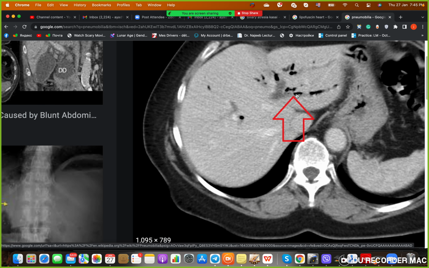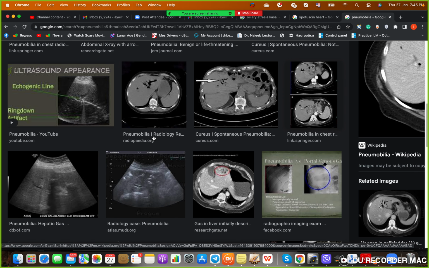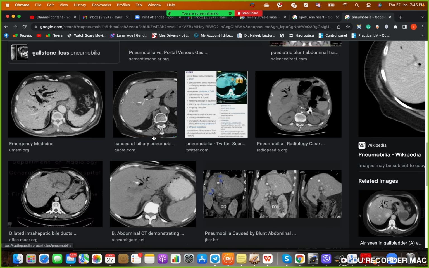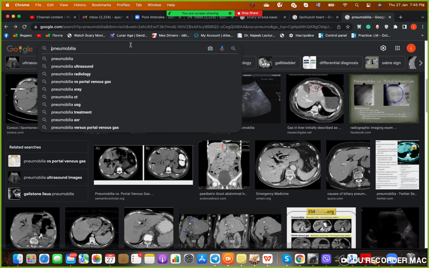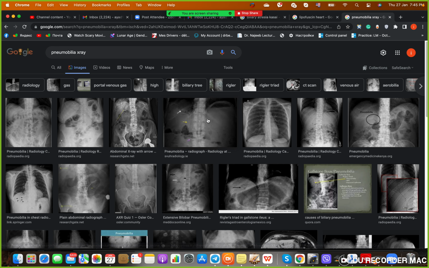As you can see here, these little black spots are air. Normally you should have zero air inside of your biliary tract. So if you get any air there, that means this patient has some connection with the intestine, which is basically a fistula, yeah?